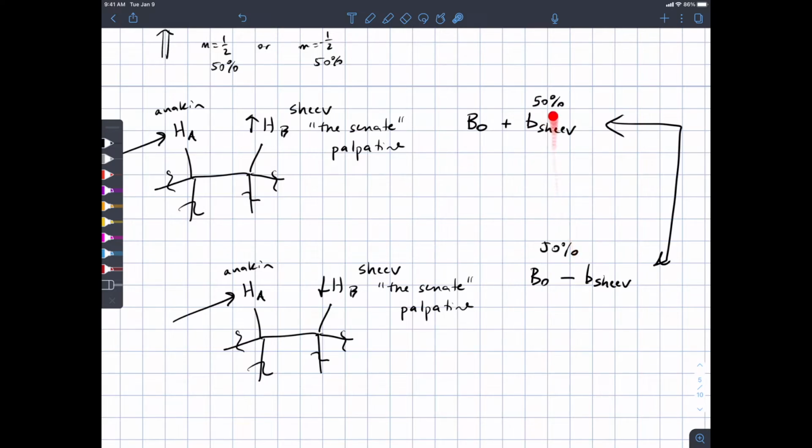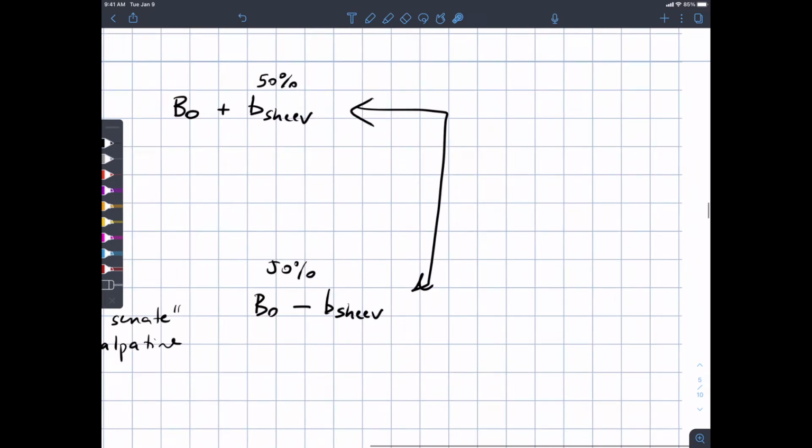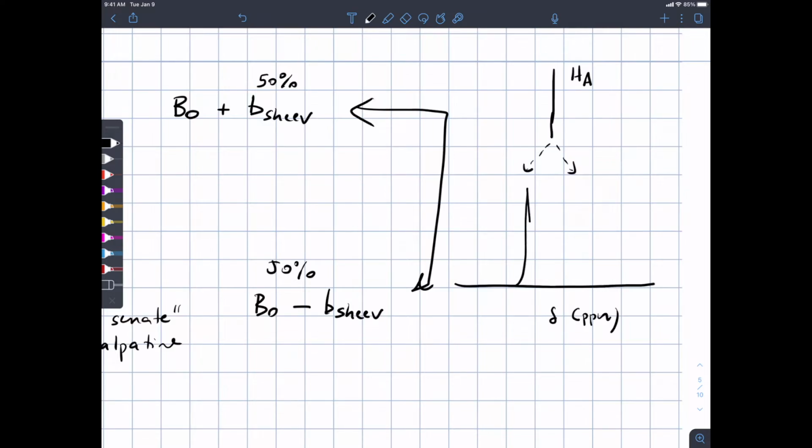And that difference in environment is enough that when we do the NMR experiment and we look at chemical shift and we look at the proton, the Anakin proton, HA, he will actually experience two different environments. We will see a peak here and a peak here.